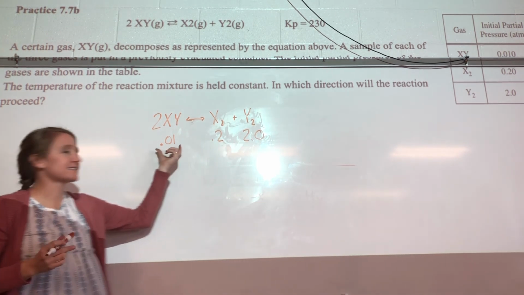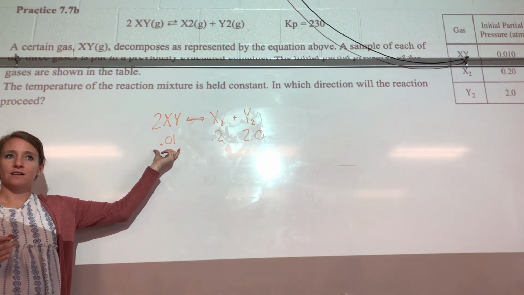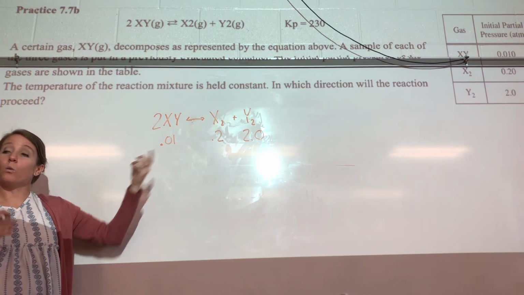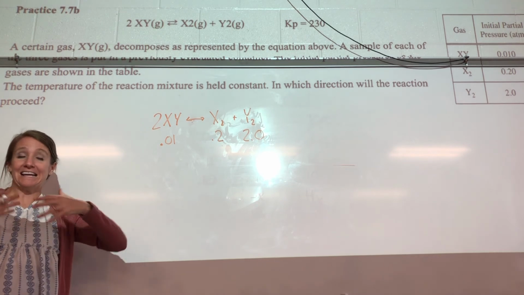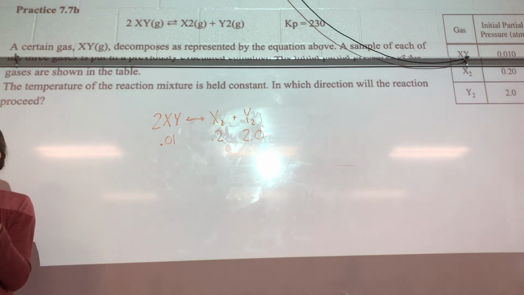There's more products than reactants. In this case, it's not just about being product favored, but being product favored at 230 exactly. So we need to figure out the right ratio to get us there.